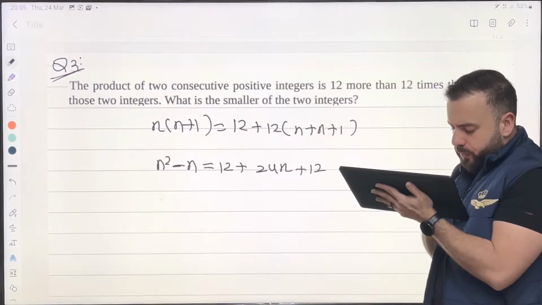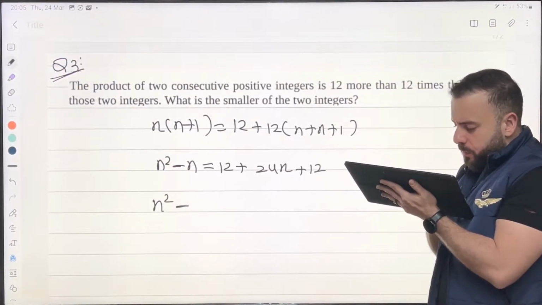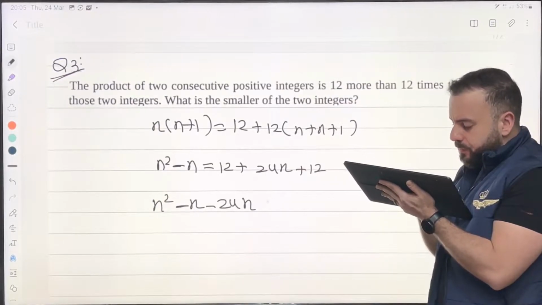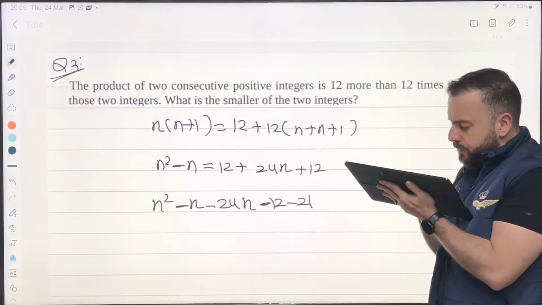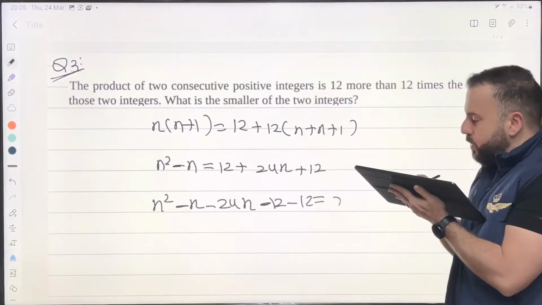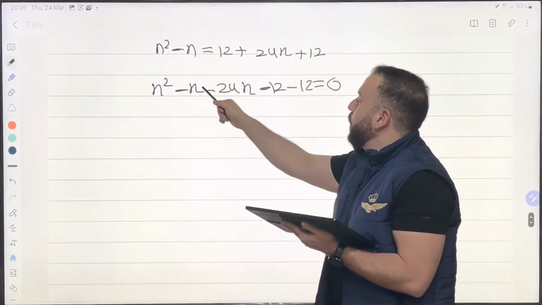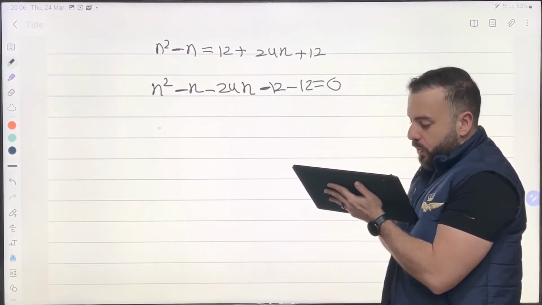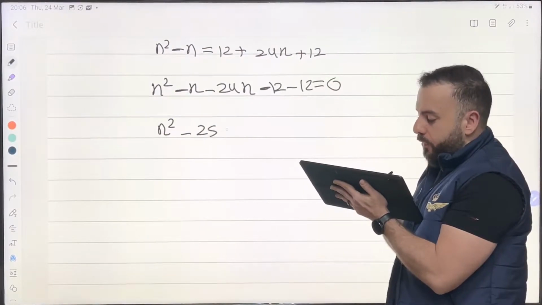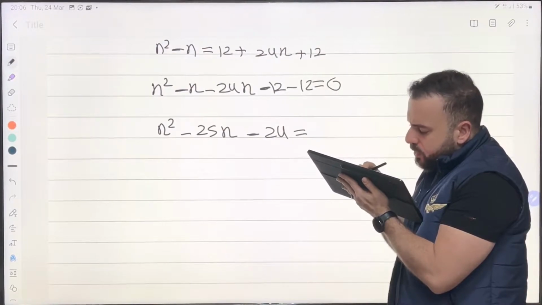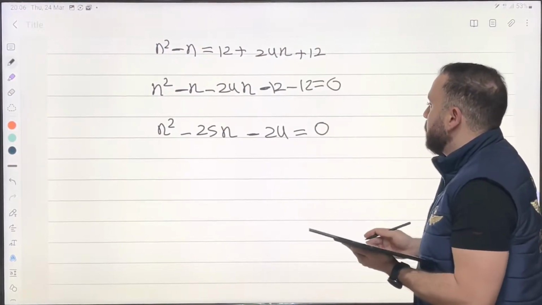That's going to be n squared minus n minus 24n minus 12 minus 12. That's equal to 0. Okay? After that, what shall I do? N squared minus 25n. So n squared minus 25n minus 24 is equal to 0.